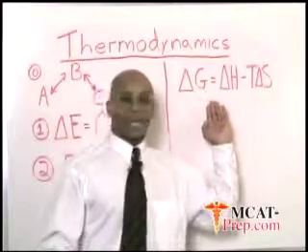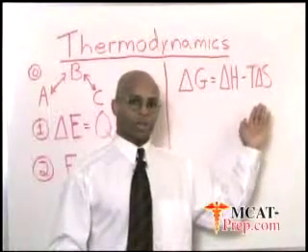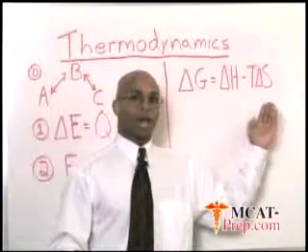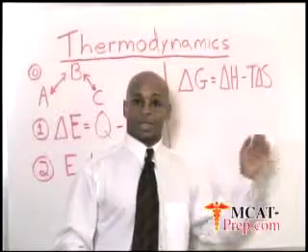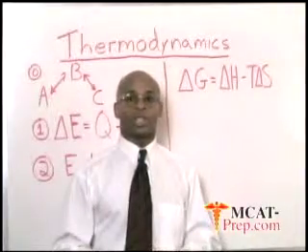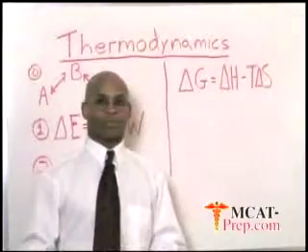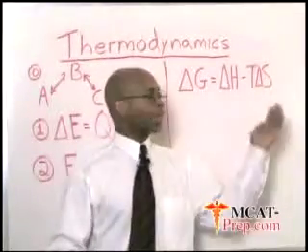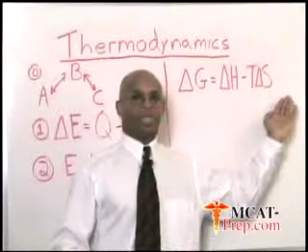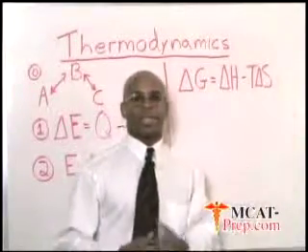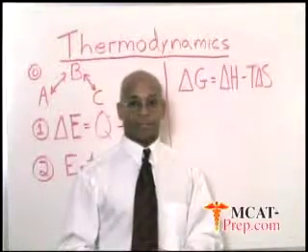So Gibbs free energy, delta G, is equal to the enthalpy, delta H, minus T, the temperature, times delta S, which is the change in entropy. So it is a measure of entropy. One would expect that the higher the entropy is, the more likely that there will be a spontaneous reaction. And this, of course, is the case.